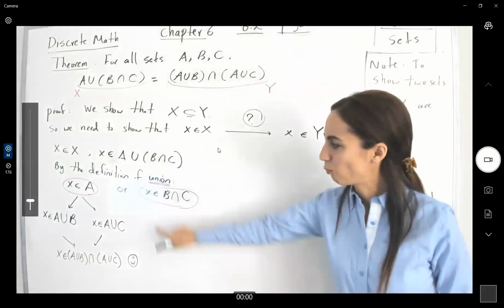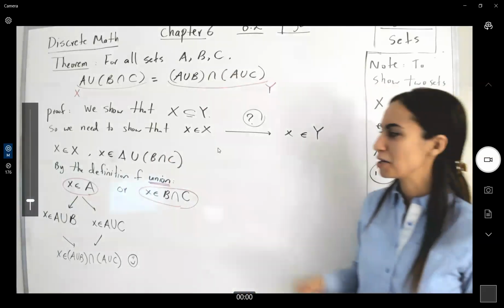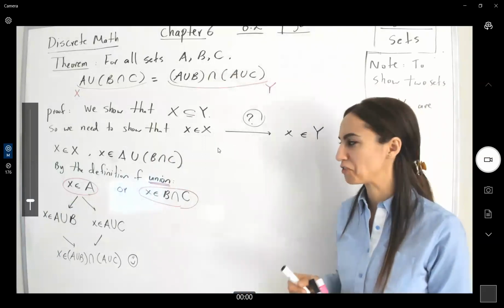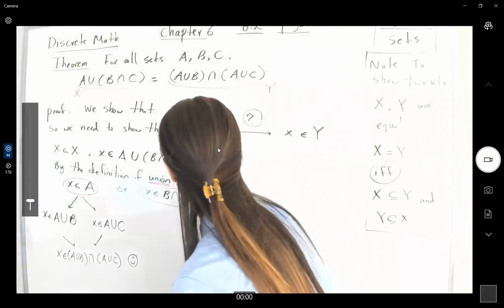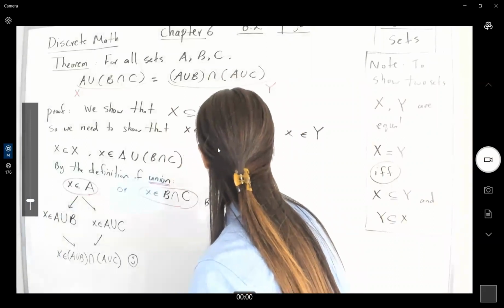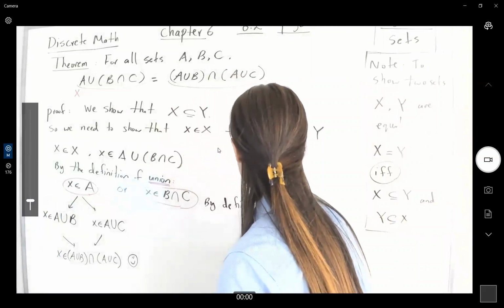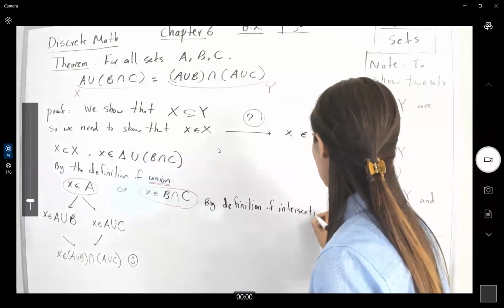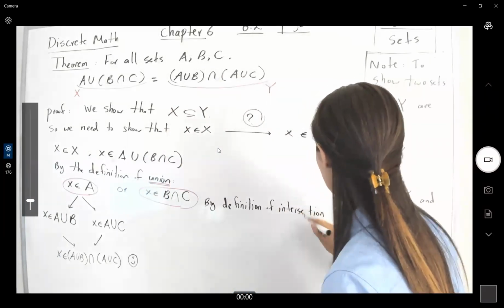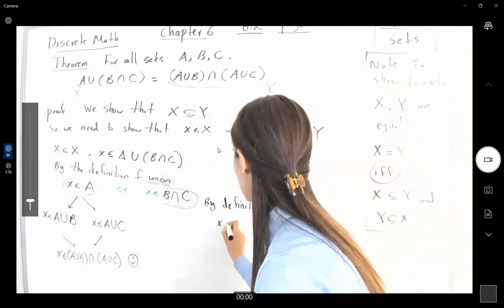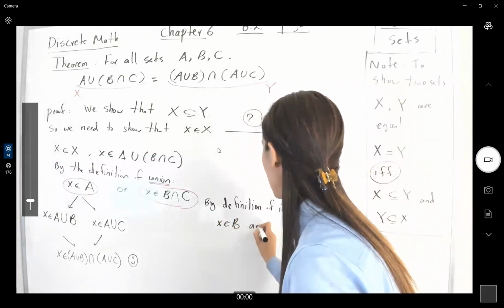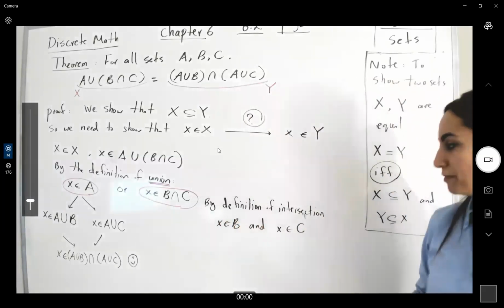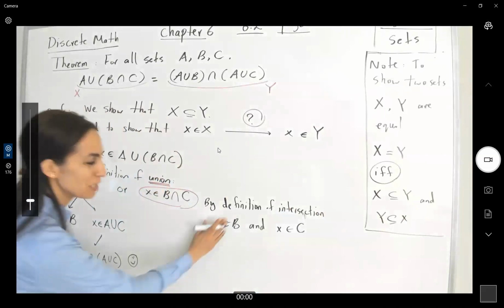Well, what if x belongs to B intersection C? By the definition of intersection, x belongs to B and x belongs to C. Again, x belongs to B. What's the meaning of that?